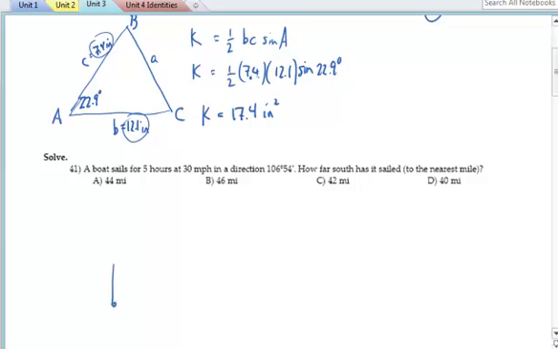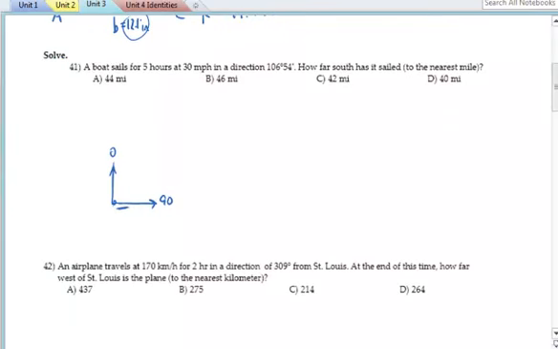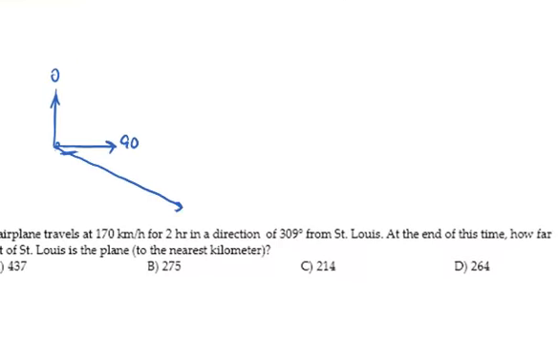Remember, north is always 0 degrees, and 106 degrees would be a little bit south of the east heading. East is at 90, so 106 degrees is a little bit below that.